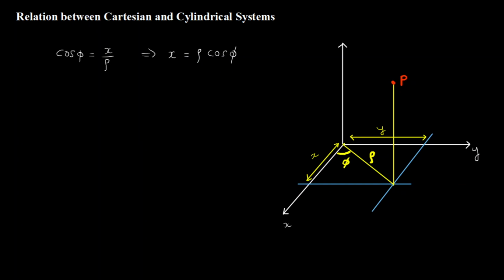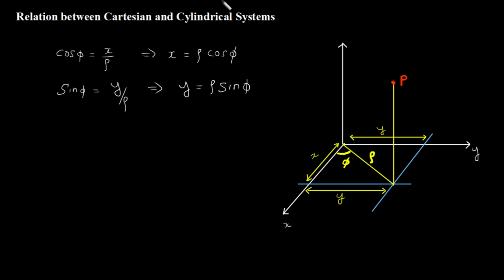Now, since this length is y, and this is parallel to that, this also should be y, from symmetry. So, from the same triangle I can write sin phi, which is opposite side by hypotenuse. So, I write y by rho. This tells me that y is rho sin phi. So, if I know rho and phi, I can substitute here and get y.